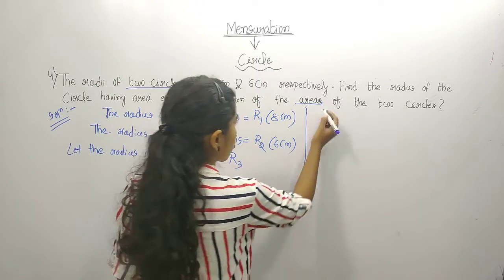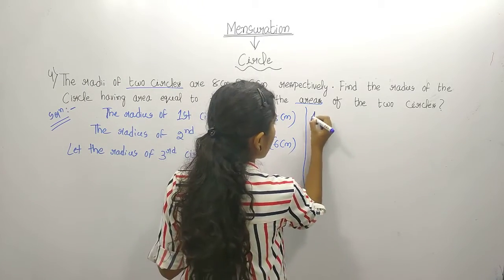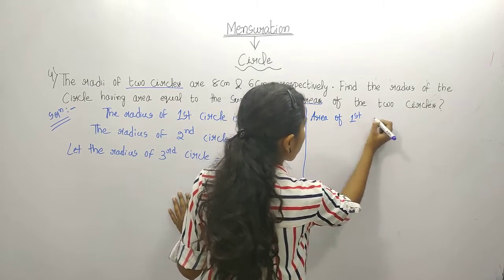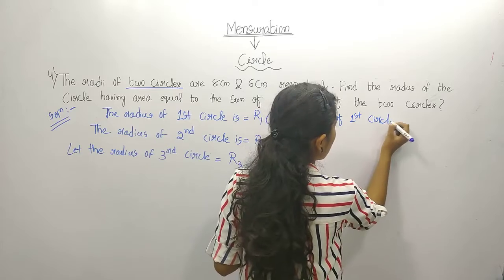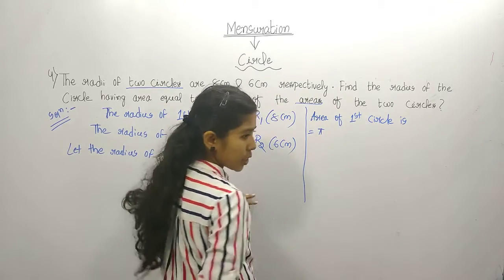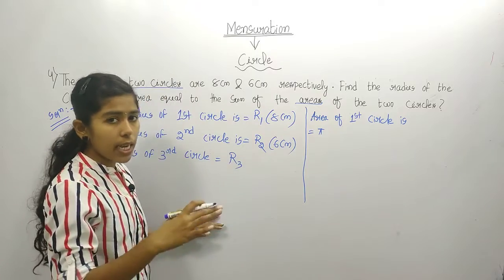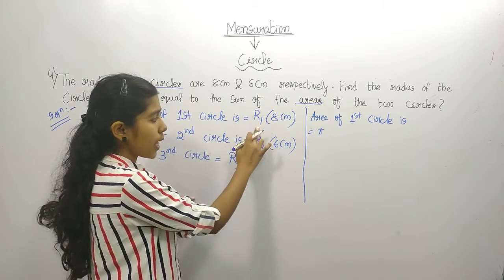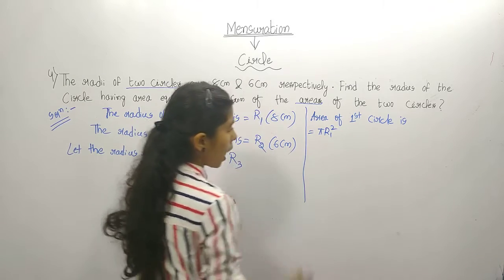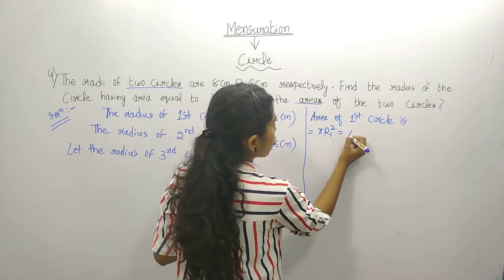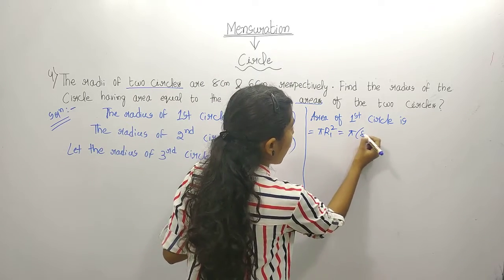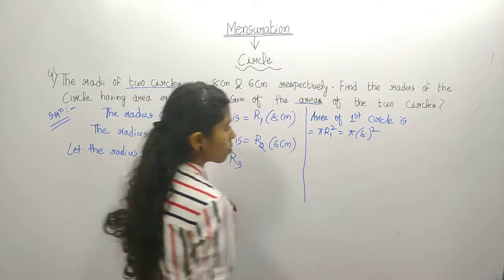So we have to find the areas of these circles. Area of the first circle is pi r square. Normal circle area is pi r square. Here we have taken radius as r1, so it becomes pi r1 square equals pi, r1 is 8 cm, so 8 square.